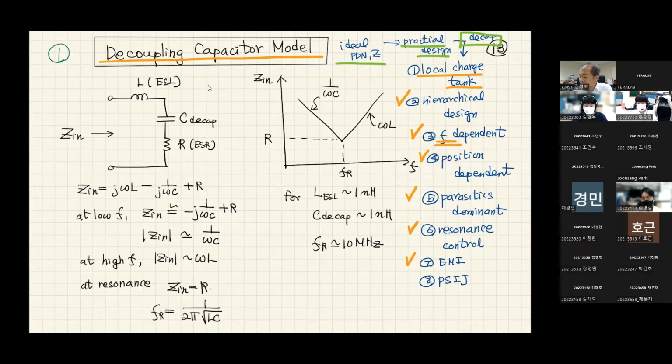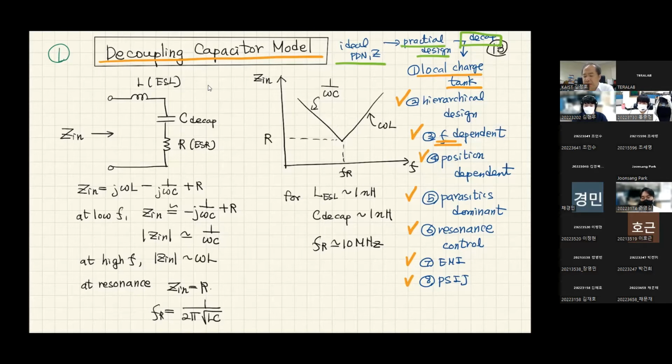The last effect of power supply noise is PSIJ, power supply induced jitter. Power supply noise is transferred to the I/O circuit, and it affects eye diagram distortion, and eventually it will cause jitter increase.